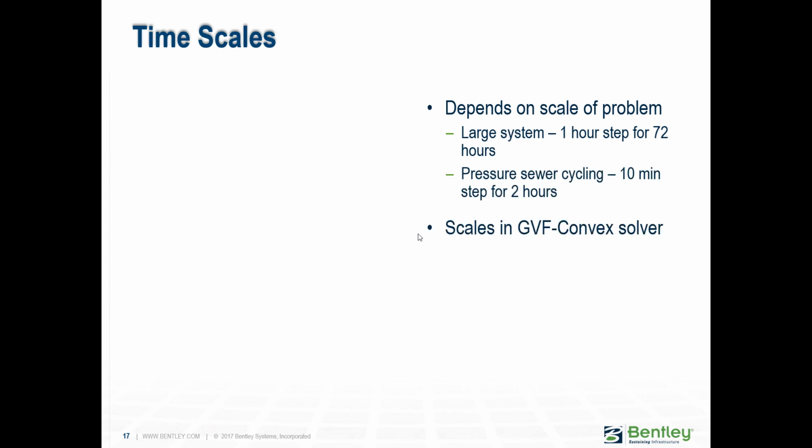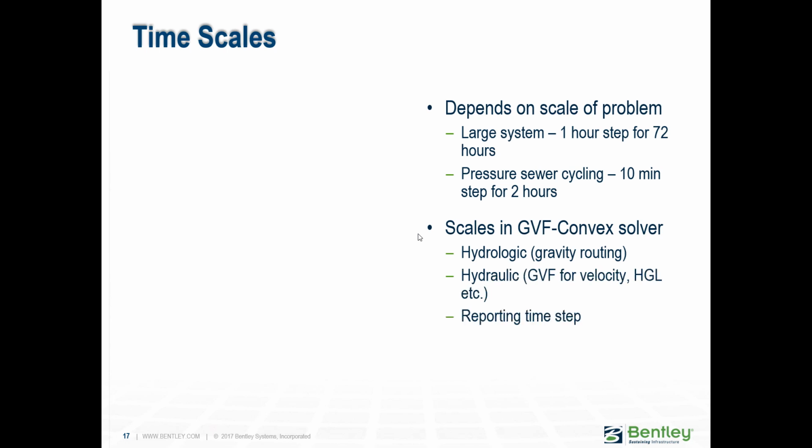It depends on what you're trying to simulate. Typically, for a large system, a 1-hour time step is sufficient. It could be run for 24 to 72 hours. But if you're doing pressure sewers, those grinders that we talked about earlier, it could be a 2-hour simulation with a 10-minute time step.